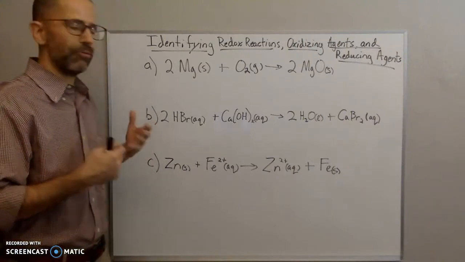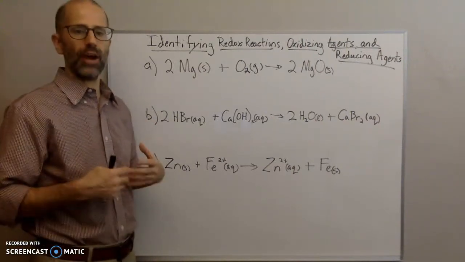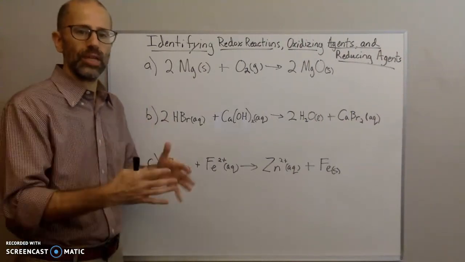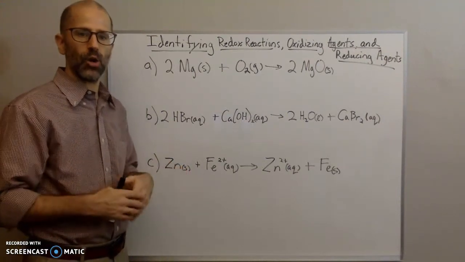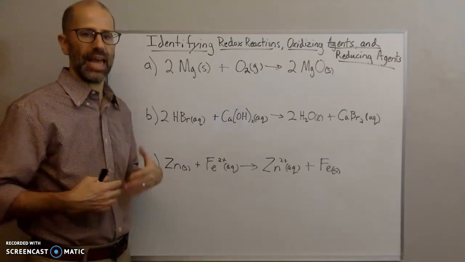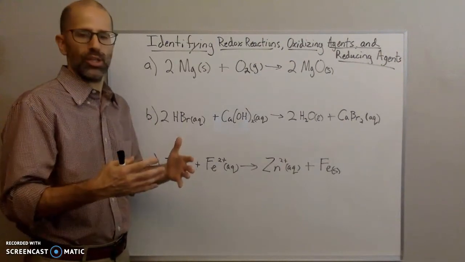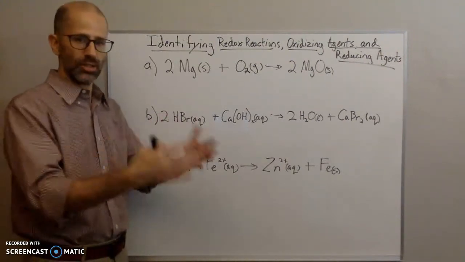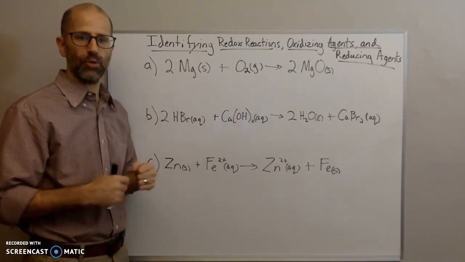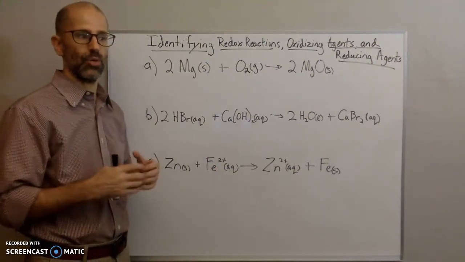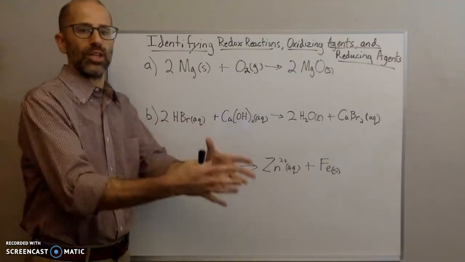So if there is reduction going on, then there has to be something doing the reducing, right? That's what we mean by an agent. An agent of change is something that causes change. So if you are a reducing agent, you are something that is doing the reducing.